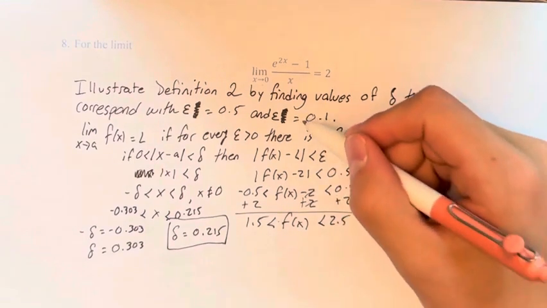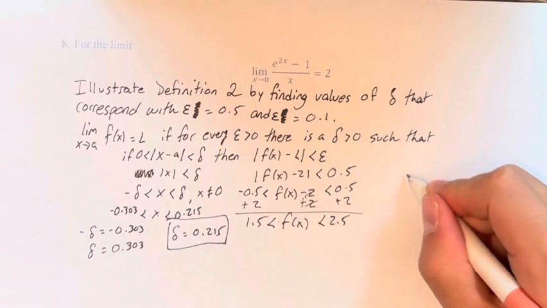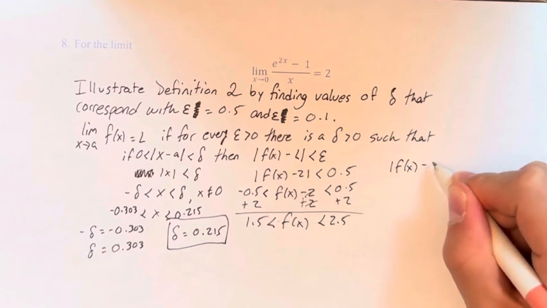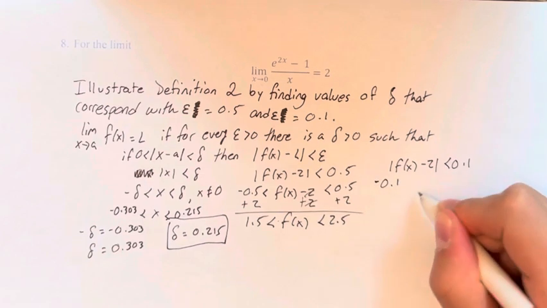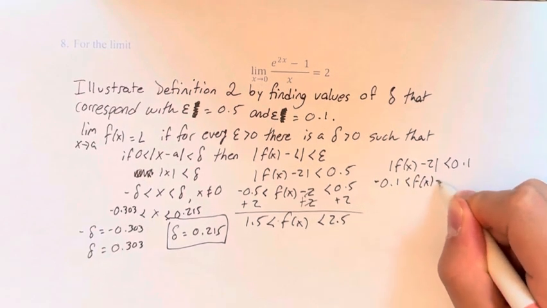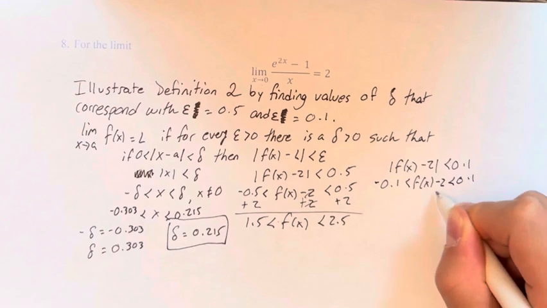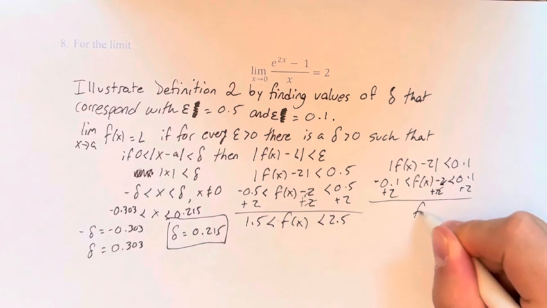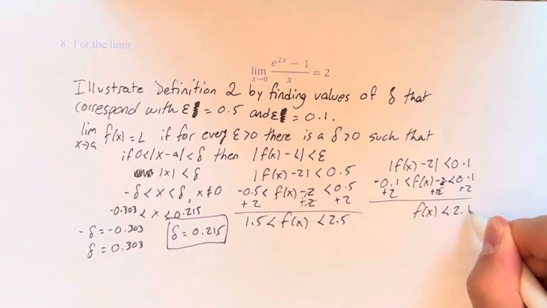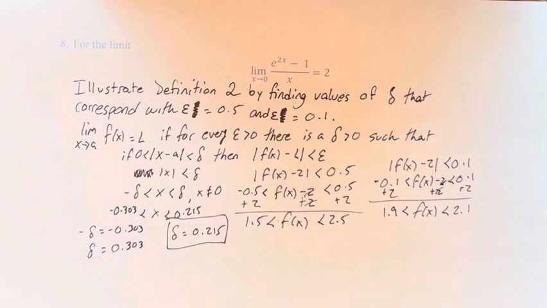And so we do the same with epsilon being 0.1. This will mean that the absolute value of f(x) minus 2 is less than 0.1, so negative 0.1 is less than f(x) minus 2 is less than positive 0.1. Therefore we're looking at values of f(x) that are between 1.9 and 2.1.